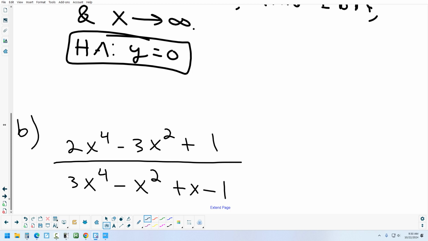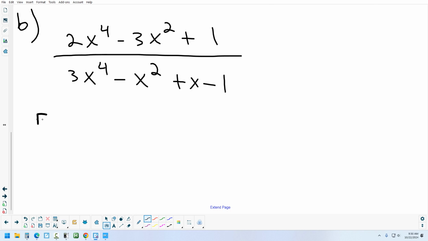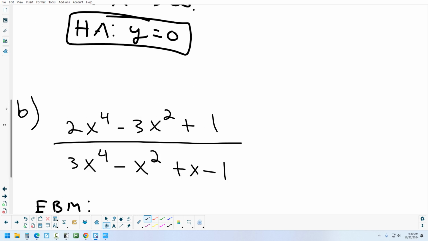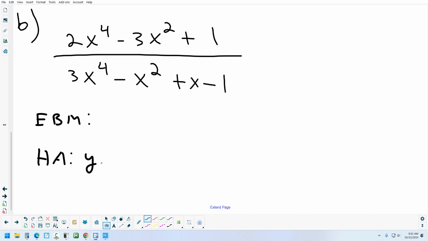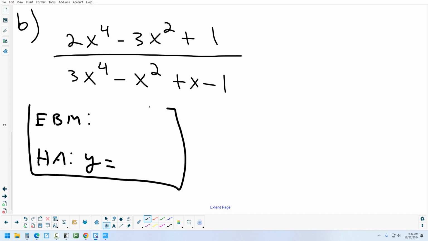Okay, let's try this one. What do they want? Do they want horizontal asymptotes? Yeah. Okay, so you can start with that. It's always going to be y equals for the horizontal. All right.